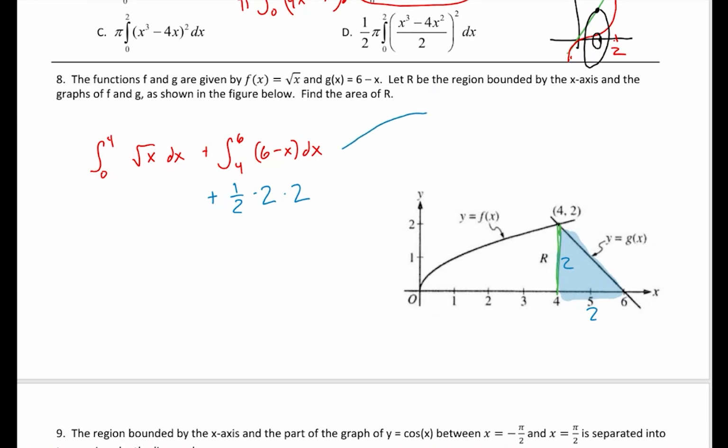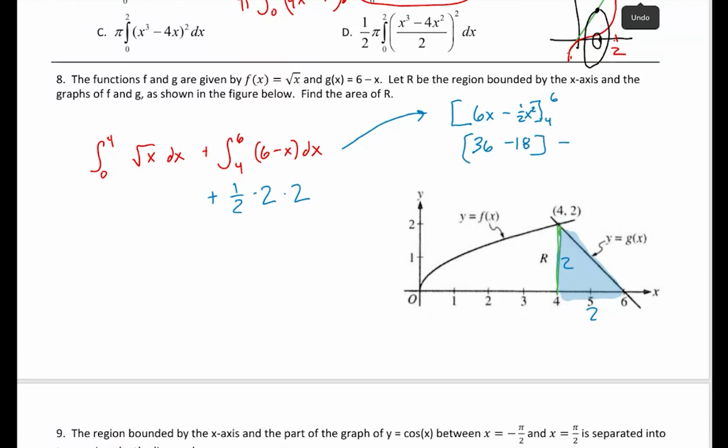You could do it the long way and say, okay, the antiderivative of 6 is 6x. The antiderivative of negative x is going to be negative 1/2 x squared. And do that from 4 to 6, so plug in 6. 6 times 6 would be 36. 6 squared is 36, divided by 2 would be 18. So 36 minus 18.